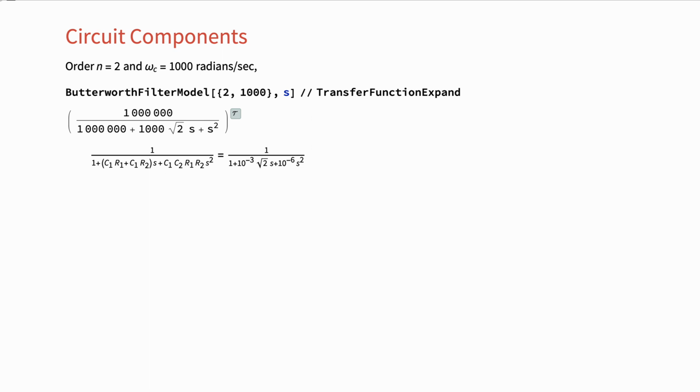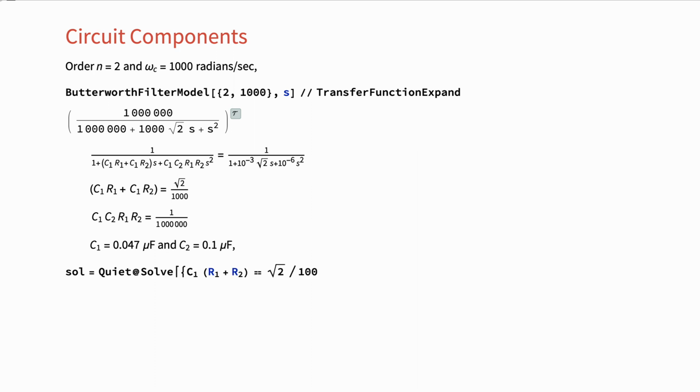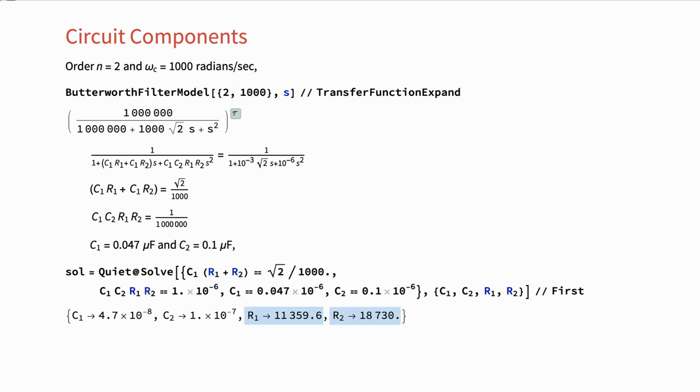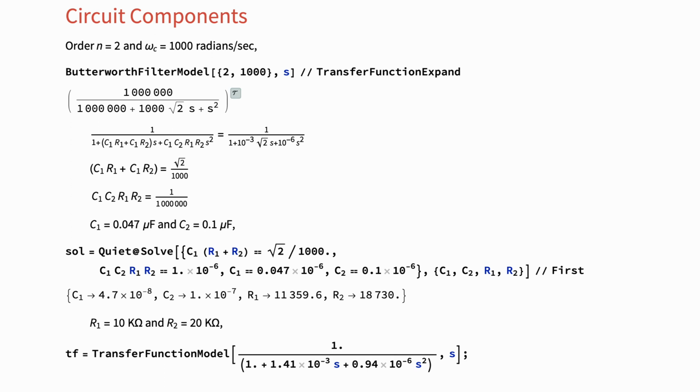And that will give us a set of 2 equations with 4 unknowns, which means that we need to select 2 of the unknowns and obtain the other 2 by solving the set of equations. Choosing the values of the 2 capacitors C1 and C2 as shown here, we can solve the set of equations for the resistor values. Choosing standard resistor values close to the values that we obtained, we get the transfer function of the filter that we were looking for.